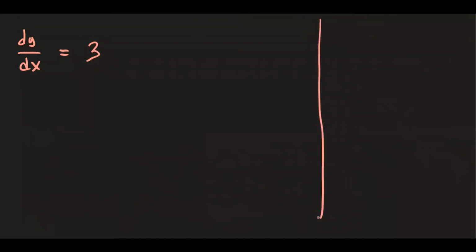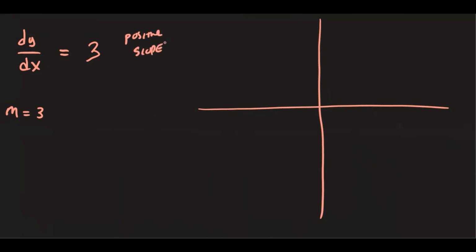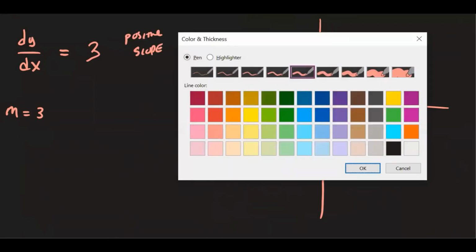So here's our xy plane, and I'm going to find the slope. Well, the slope is always 3 because the first derivative is 3 and the first derivative represents the slope. It doesn't matter which point you're looking at, 3 means a positive slope. So I'm going to use a different color to show that.